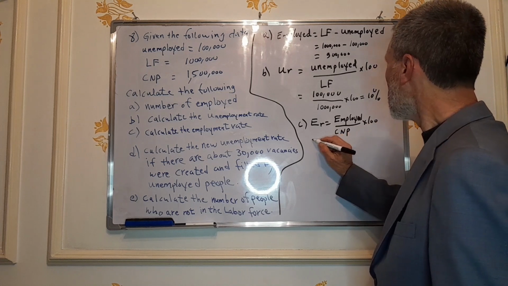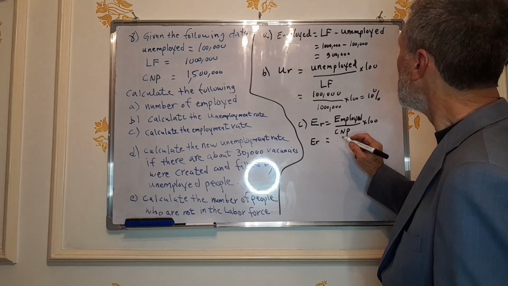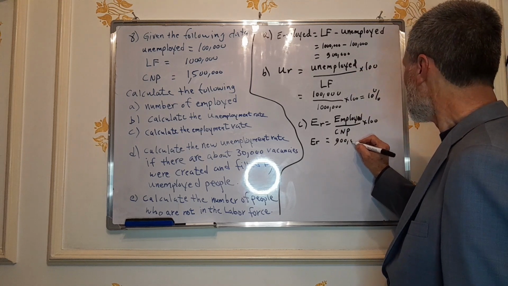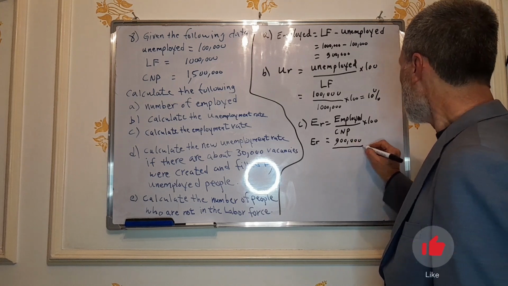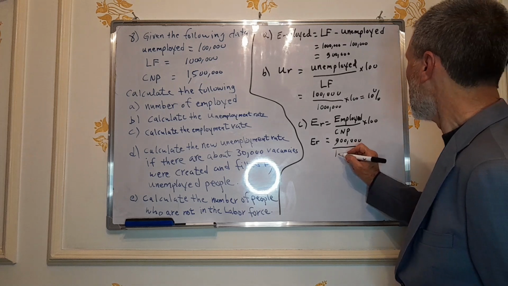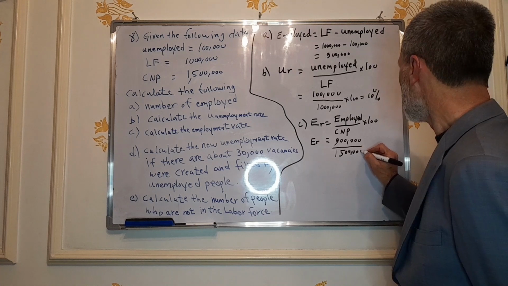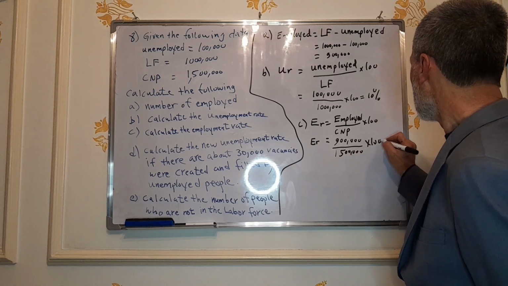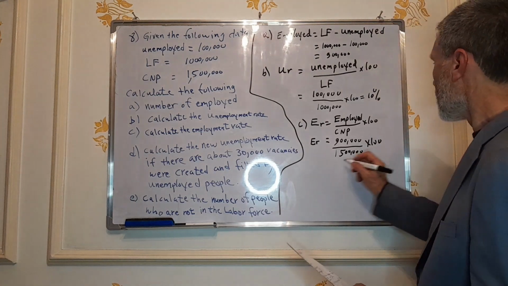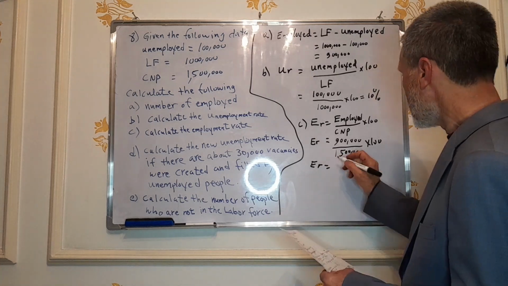So here the employment rate is equal to employed, 900,000, over civilian non-institutional population, 1,500,000, times 100, and here we come up with 60%. So ER is equal to 60%.